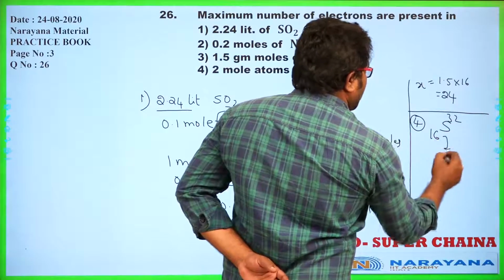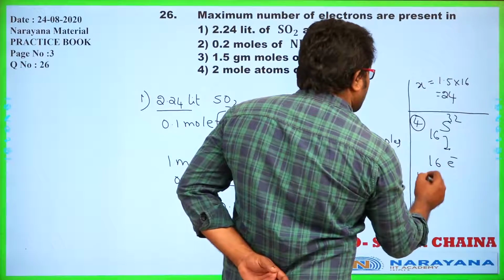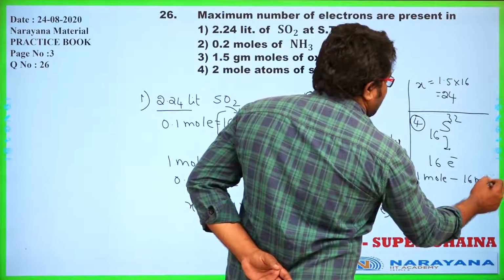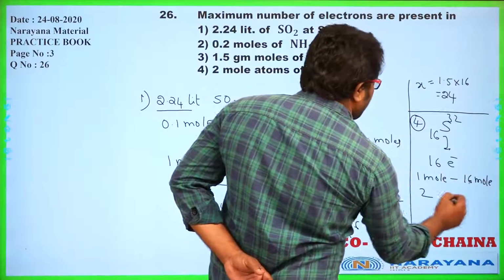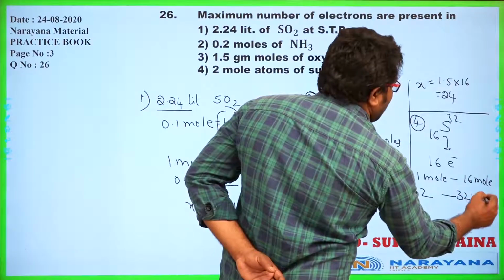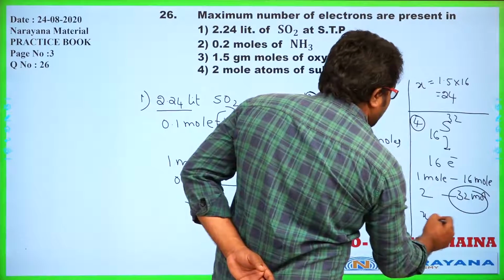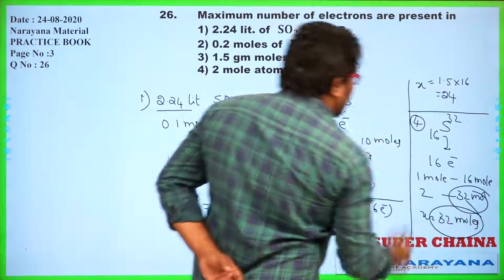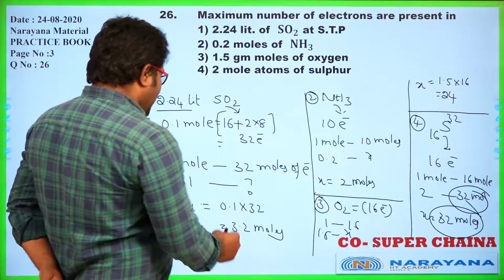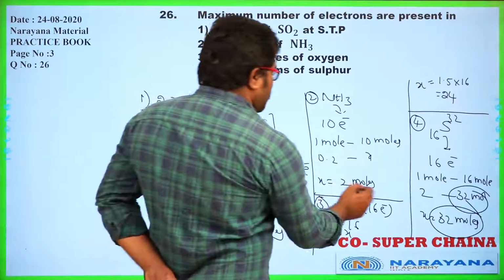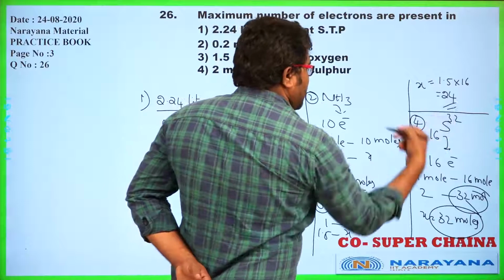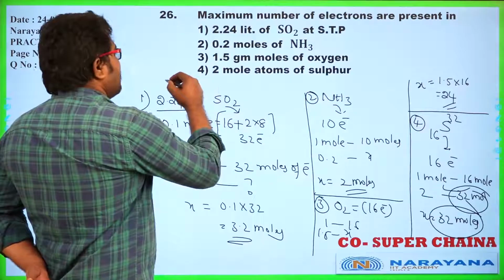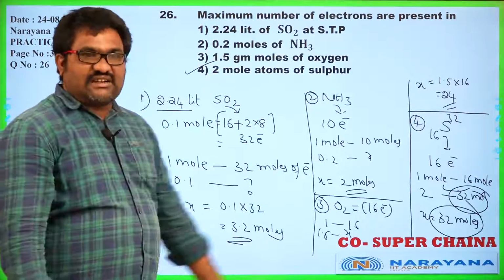So in 1 atom we have 16 electrons. If you take 1 mole, you have 16 moles of electrons. But if you are taking 2 moles, that means 32 moles of electrons. So 32 moles of electrons are present in 2 mole atoms. Among all these, the first has only 3.2 moles, the second 2 moles, the third 24 moles, and the fourth has 32 moles. So among the given, the fourth option is the correct one.